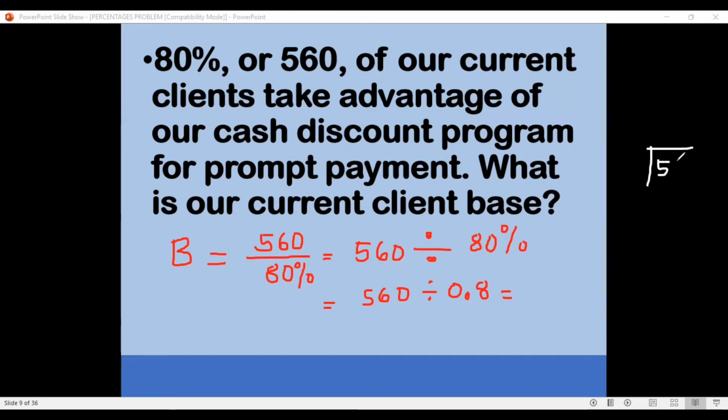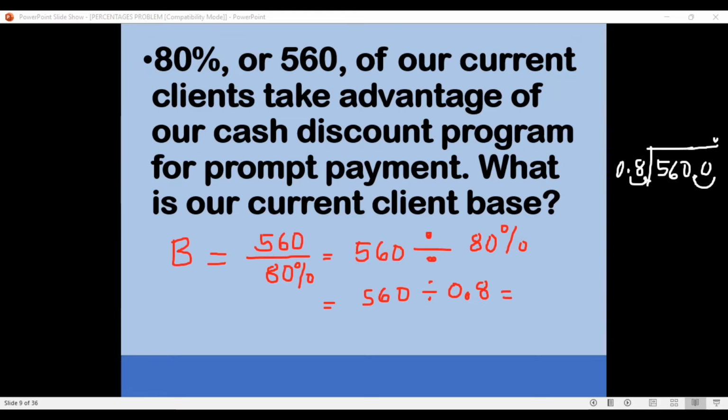Okay? And if you are going to divide, don't forget your lesson in division by decimal numbers. There you have 560, and then you have 0.8. And there is a need for us to change your 8 tenths to a whole number. So we have to move the decimal point one place to the right, and we need to do that also in the dividend, making this 560 now into 5,600.